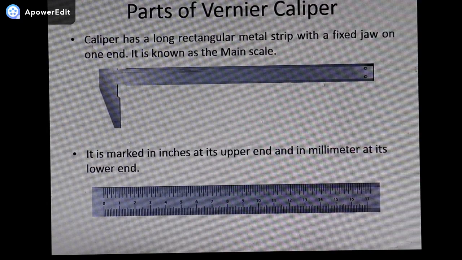Then on the other side of the metal strip, some graduations are there. It is marked in inches at its upper end, whereas in millimeters at its lower end for the measurement purpose.